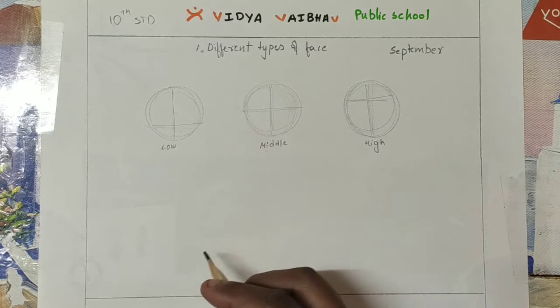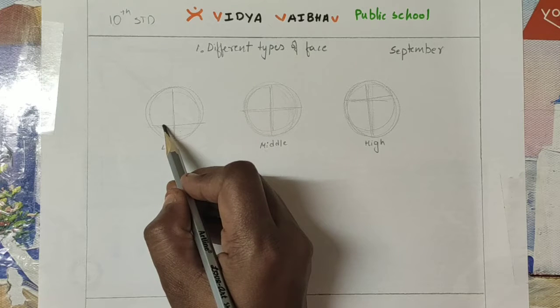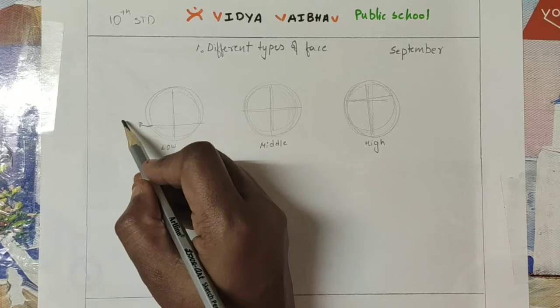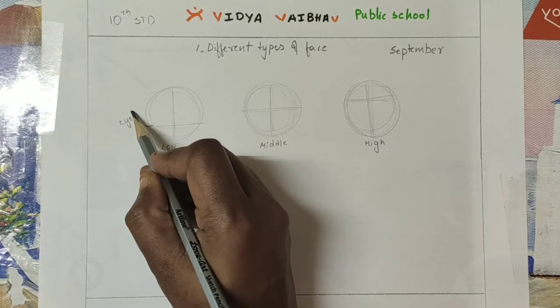So when we are drawing different types of faces, we use what is called an eye level, where we have two eyes. This is called an eye level.